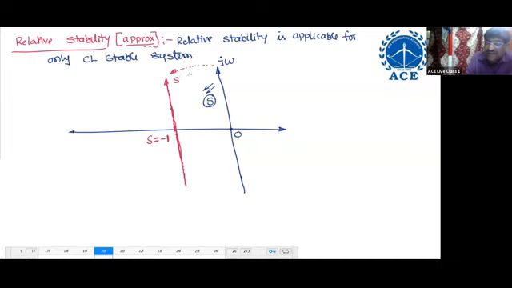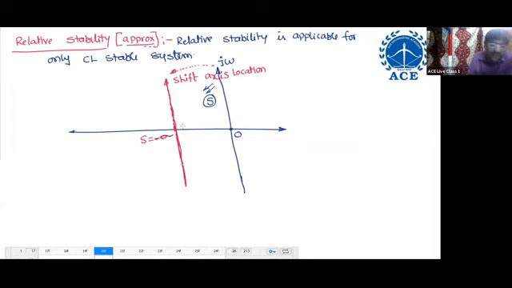In general notation, I'll take S equal to minus sigma. I want relative stability about S equal to minus sigma, so we shift to S equal to minus sigma.